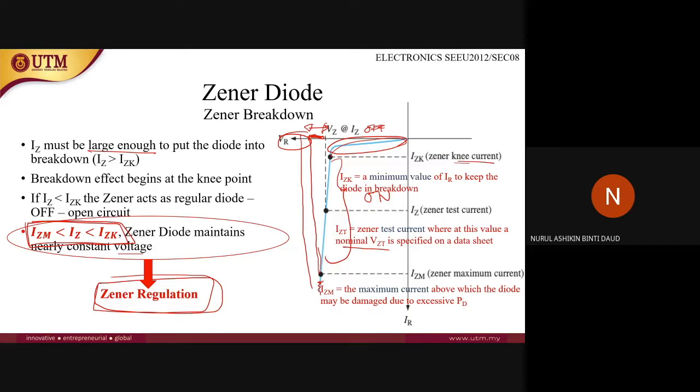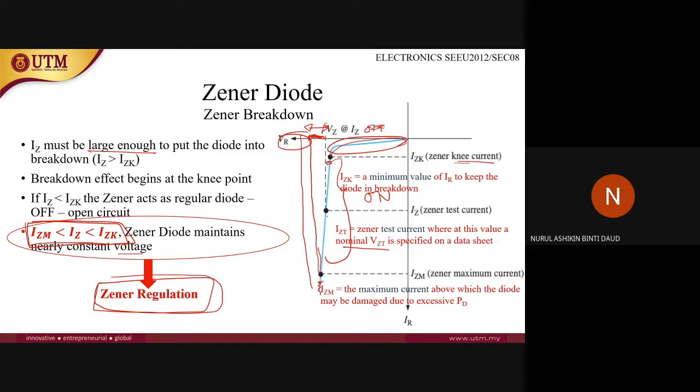So you can see the Zener test current, usually we will take in the middle between the Zener knee current and the Zener maximum current. The reason why we don't take the Zener test current at this point is because you can see at this point the changes of the current are too rapid compared to here.